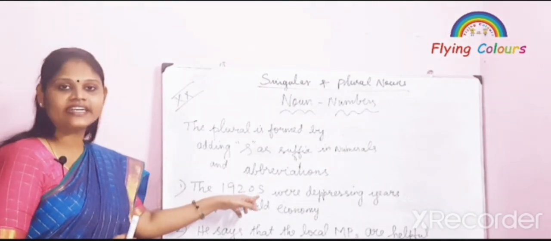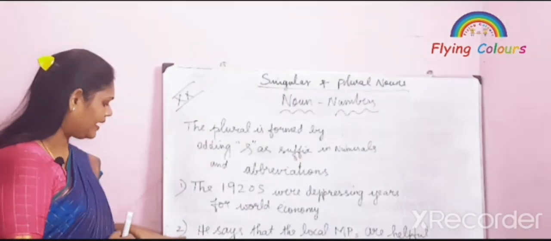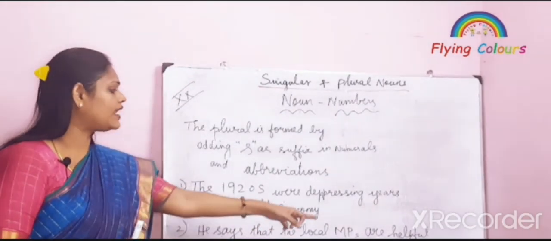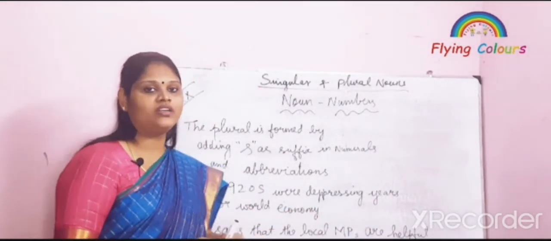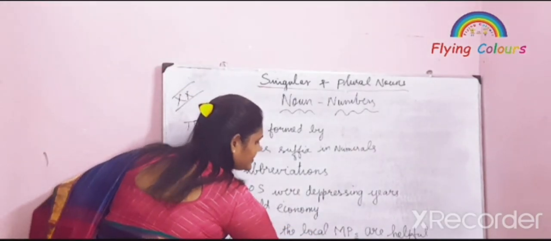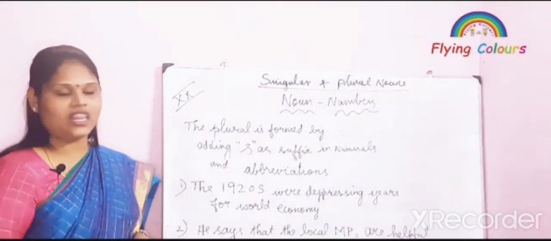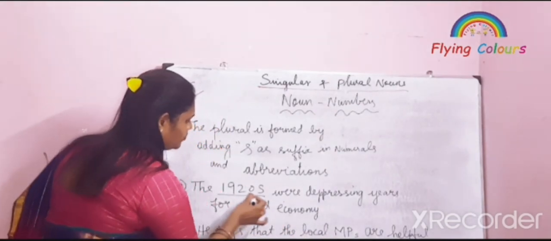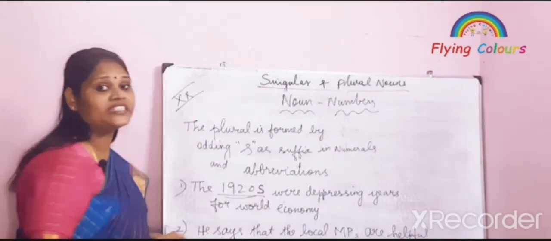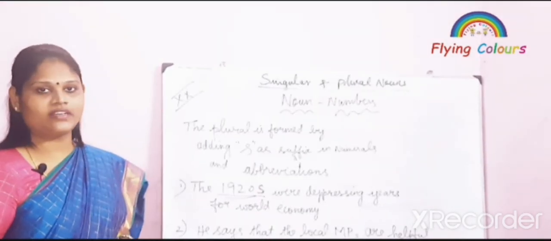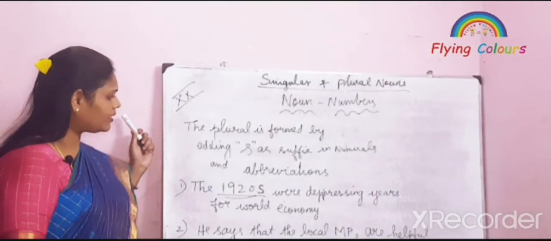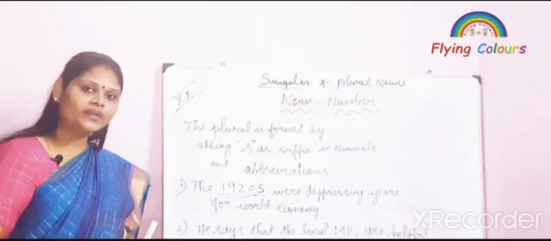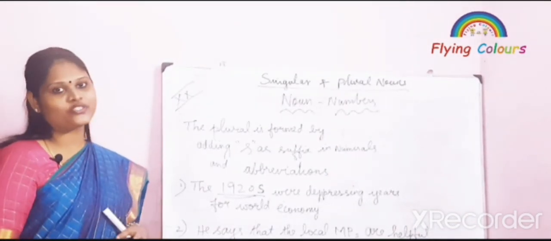And coming to abbreviations, the local MPs are helpful. MPs, plural. This is abbreviation and this is numerals. So in noun numbers, you can use s as suffix in numerals and abbreviations to make them plural.